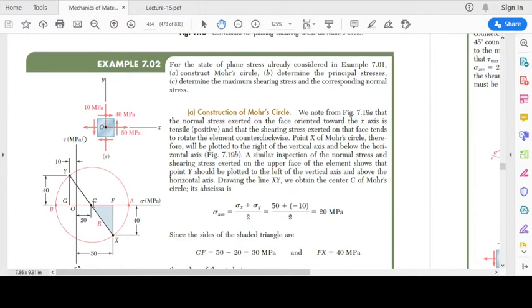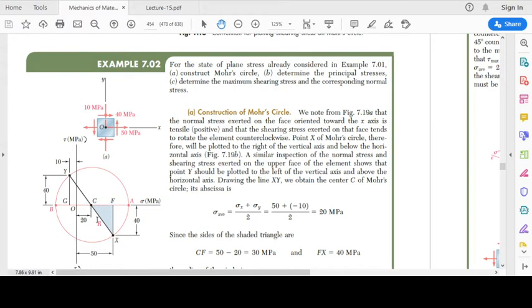You can see here in this shaded triangle, CF is going to be equal to 50 minus 20, which is 30. We have already calculated sigma average, which is sigma x plus sigma y divided by 2, so the coordinate of the center is 20.